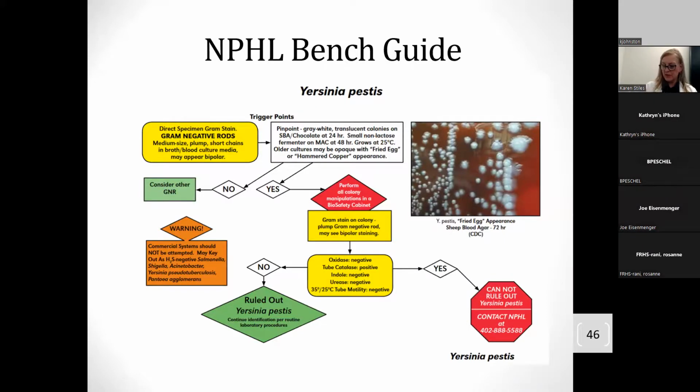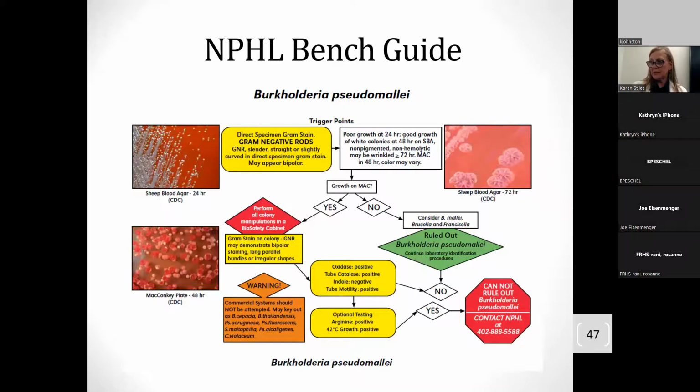Oxidase negative for Yersinia, oxidase positive for the Burkholderias. And if you aren't aware of it, Burkholderia is the new name for some of the Pseudomonases. You no longer see Pseudomonas cepacia. It's now called Burkholderia cepacia. So this should be oxidase positive, okay?